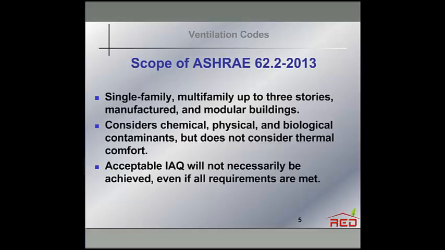The scope of the 2013 version of the standard is single family and multifamily up to 3 stories. It does include manufactured homes such as mobile homes and modular buildings. And it does state in the standard, I'm looking at the 3rd bullet now, acceptable indoor air quality will not necessarily be achieved even if all requirements are met.